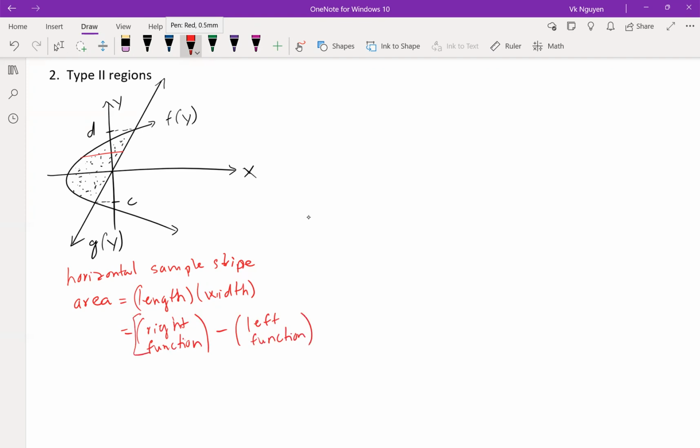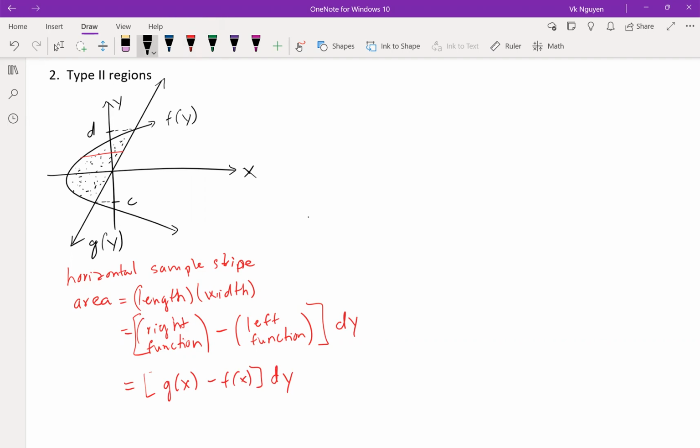The width is, well, look at the sample stripe. It is the small change in y, so dy. In this particular example, it would be g(x) minus f(x) dy. We have a sample area.